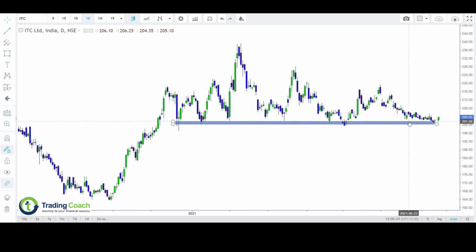For example, when we look at the support over here, we can see the support all the way from 201.50 till 200.30. That entire zone is the support zone. We can see the demand completely from this particular area. This whole area is creating the demand on the stock price.